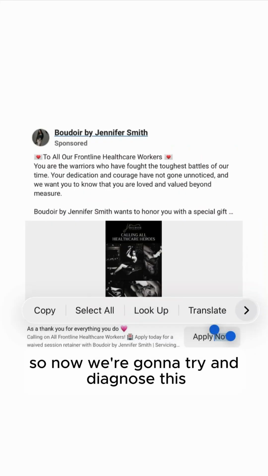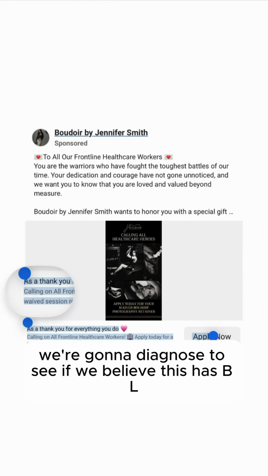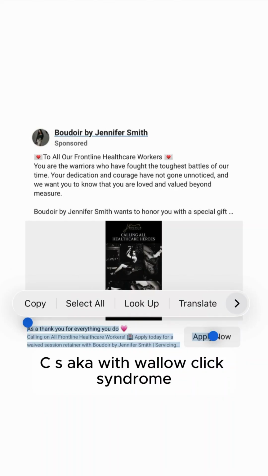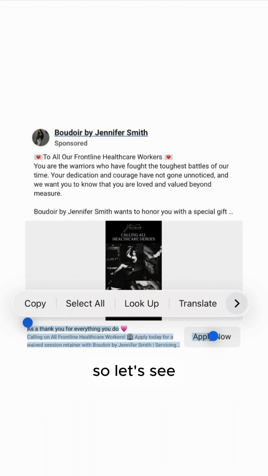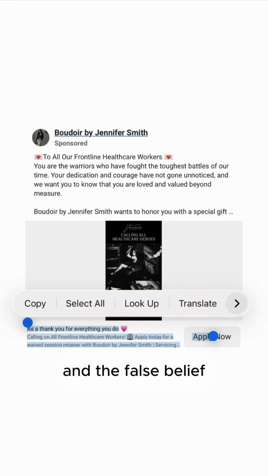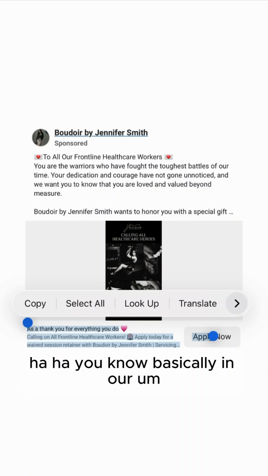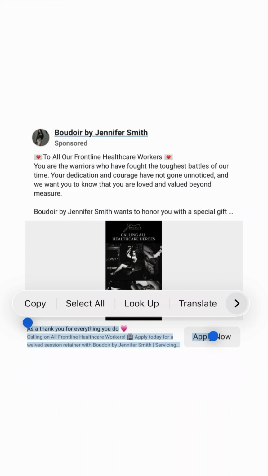So now I'm going to try and diagnose this. We're going to diagnose whether we believe this has BLCS, aka Boudoir low click syndrome. So let's see. We've got the below creative cluster mistake here. And the false belief that caused us to make this mistake is filling out everything Facebook tells us to fill out in our Facebook ad manager.